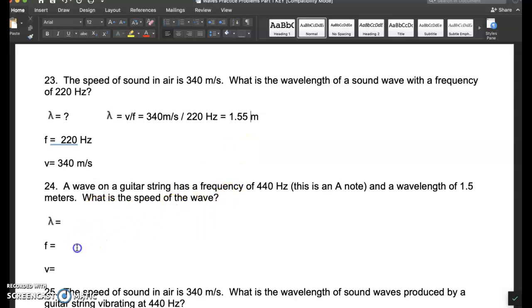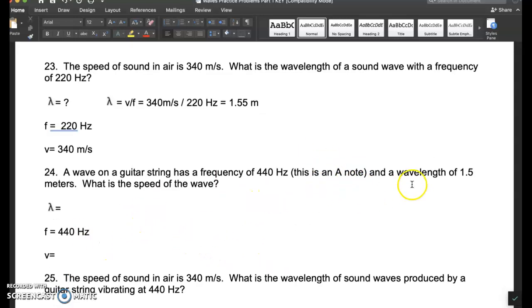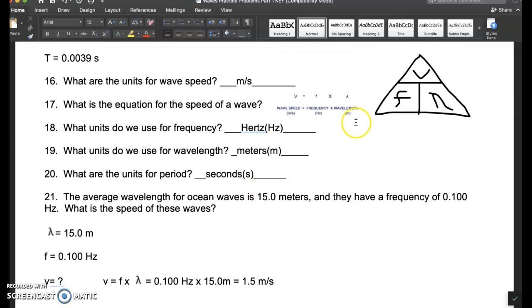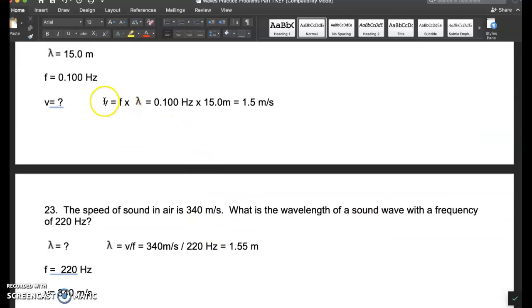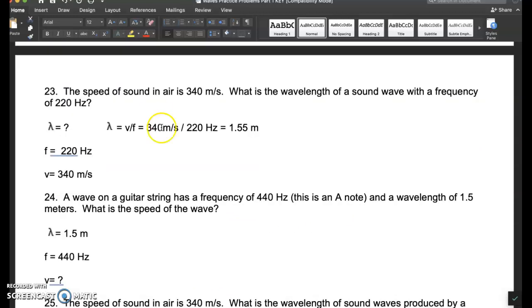This one, I got a frequency of 440 hertz. It's an A note on a musical instrument. Wavelength of 1.5 meters. And what is the wave speed? That's what I'm solving for. So I go up here again, I cover up V. It's F times lambda, frequency times lambda, which is actually the same as this one. I'm just going to copy here, save some time.